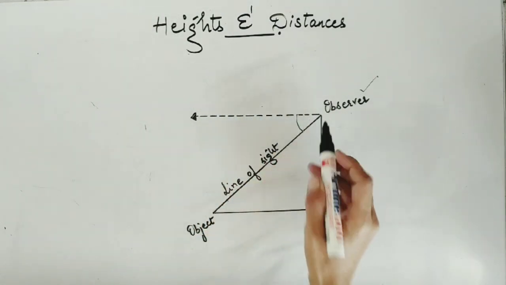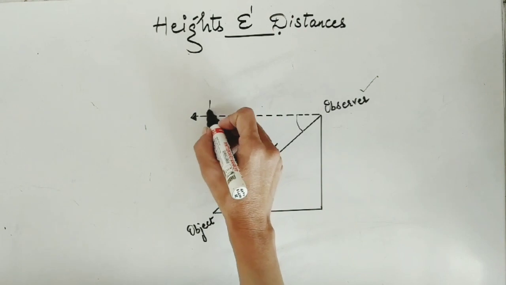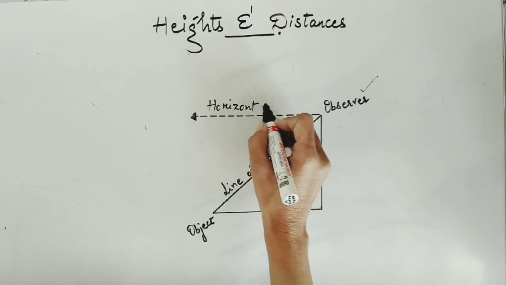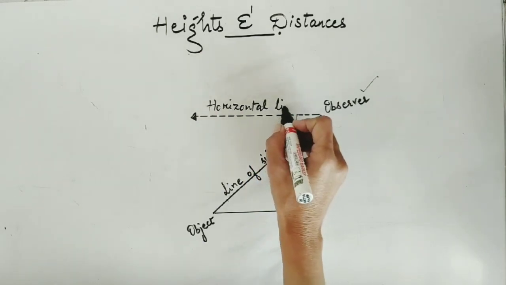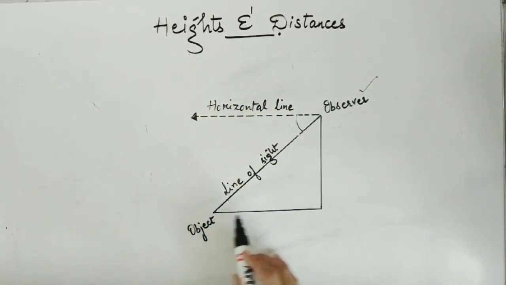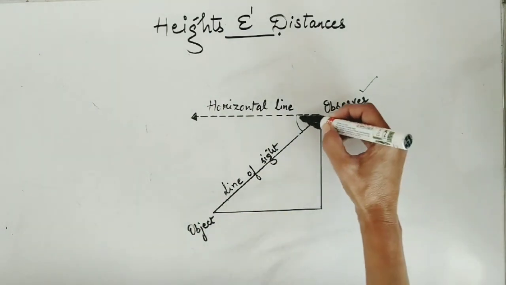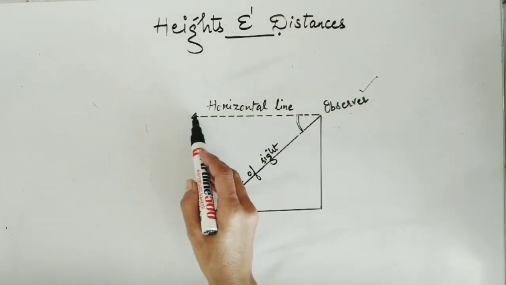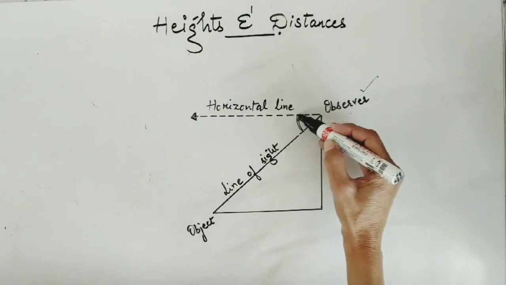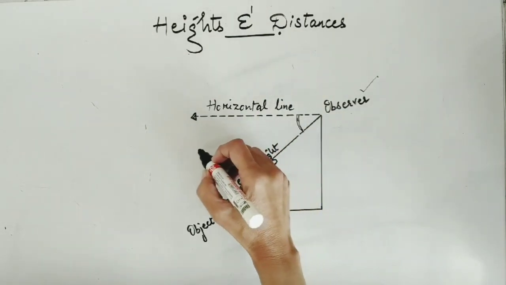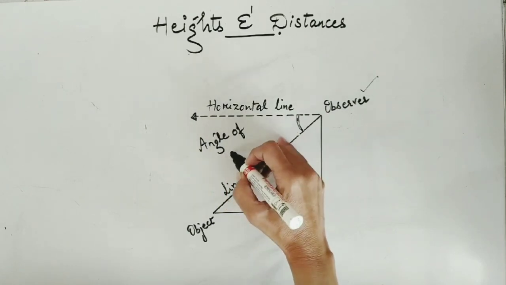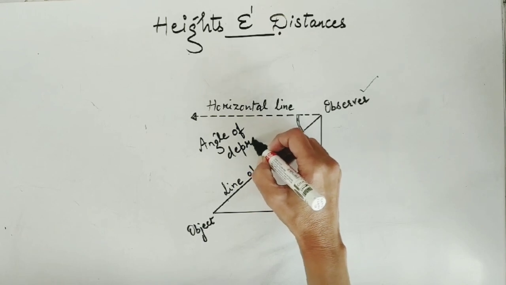You see this dotted line, this represents the horizontal line, and this horizontal line is definitely parallel to the ground, parallel to this baseline given. The angle formed by the line of sight with the horizontal in this case is called angle of depression. This is angle of depression.